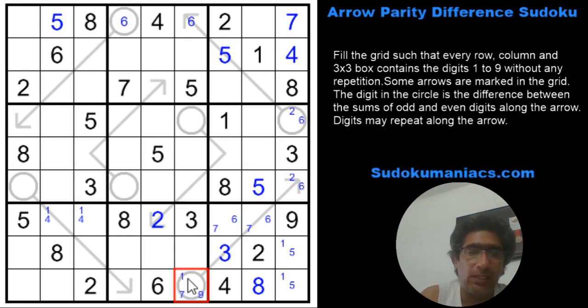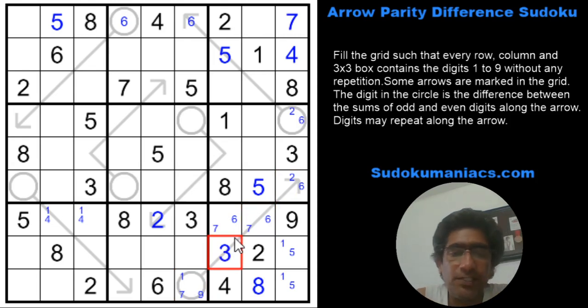Now we see that we can have only odd digits in a circle, right? And here is one trick that comes in handy. The length of the arrow is 3 cells, right? 1, 2 and 3. Now the sum of even digits will always be even, we know that for sure.